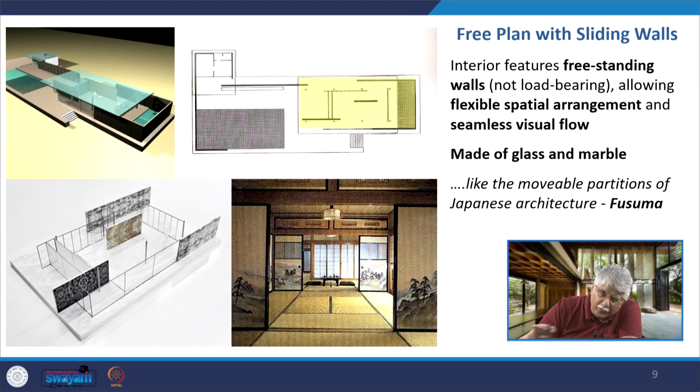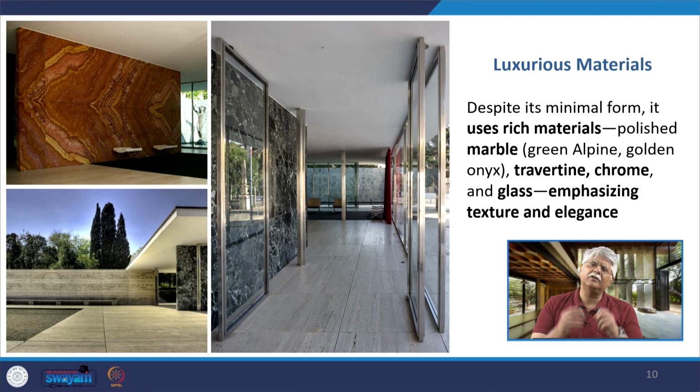They are of stone, they are of glass, they are freestanding walls, they are not at all load bearing, and this helps us in a flexible space arrangement and seamless flow within the building. In fact, the walls somehow remind us of Japanese architecture's movable partitions called the fusuma. He uses luxurious material despite its minimal form.